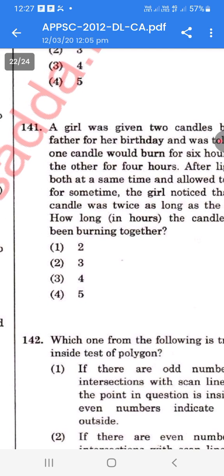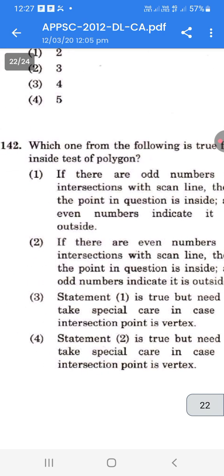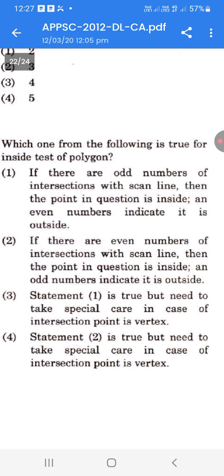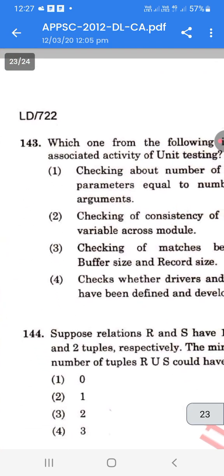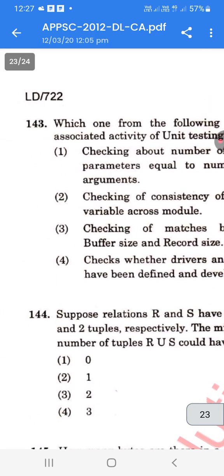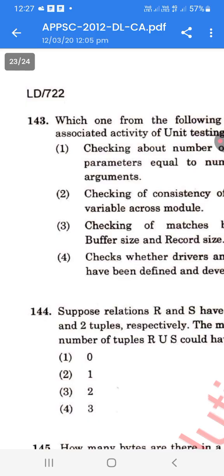141. 2. Which one from the following is true for an inside test of polygon? 142. 1. If there are odd numbers of intersections with scanline, then point in question is inside, and even numbers indicate it is outside. 143. Which one from the following is not associated activity of unit testing? 143. 2.